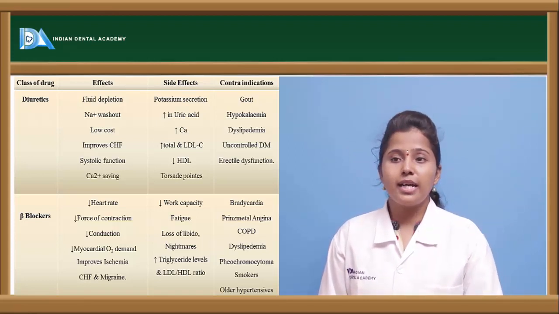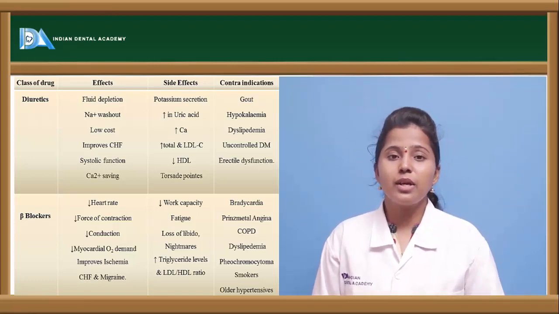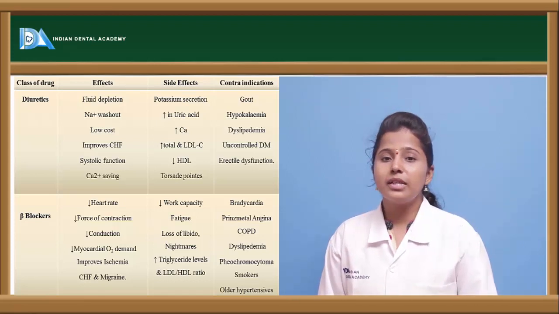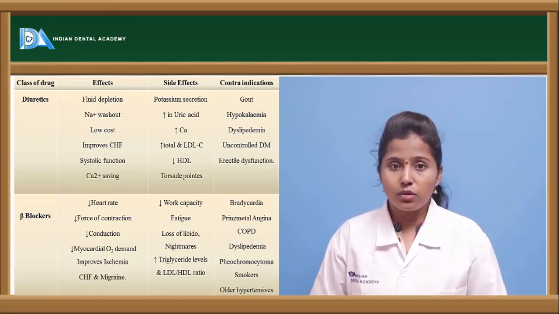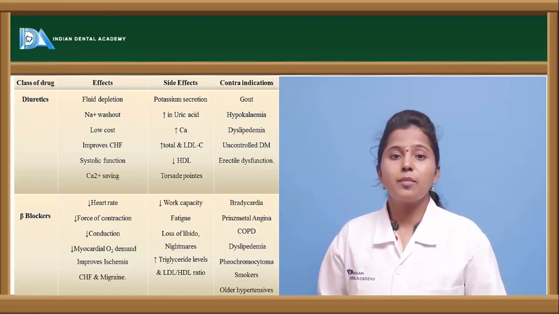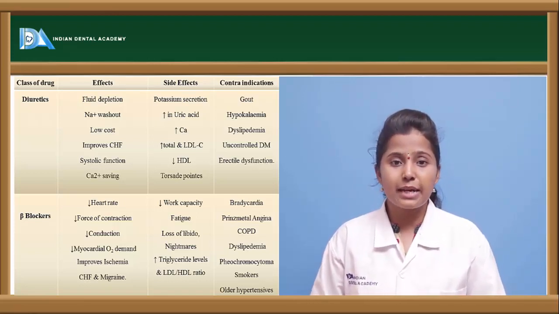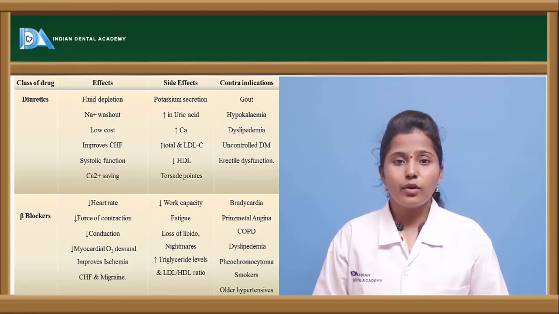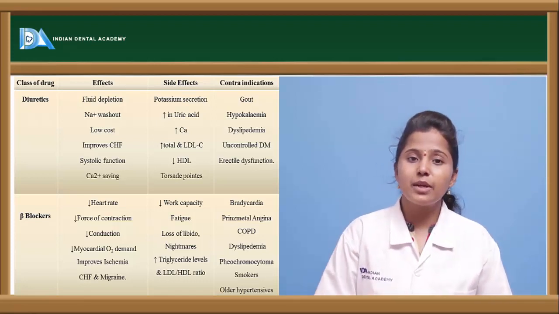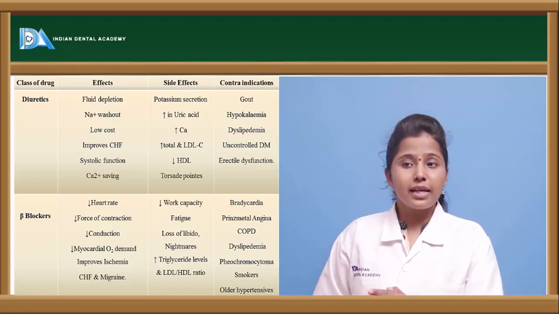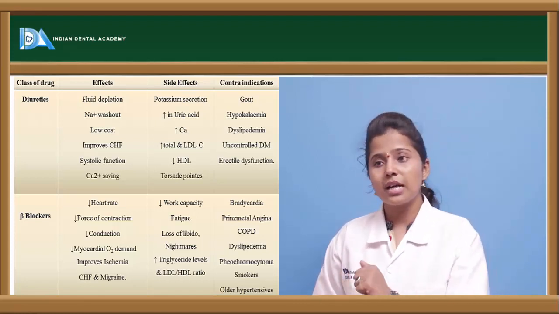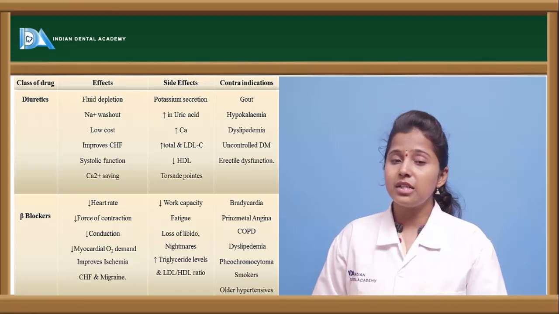And contraindications, when these diuretics are not to be used. They are not to be used in gout because gout is a result of deposition of uric acid crystals in the synovial fluid. The synovial fluid gets replaced with uric acid crystals and that results in gout. So when diuretics are given in gout, there will be an increase in uric acid.